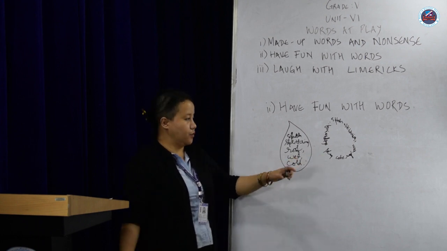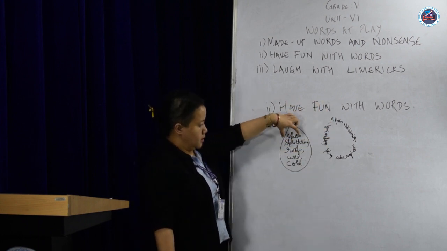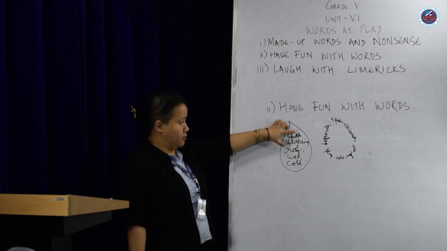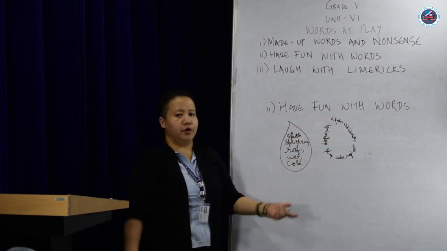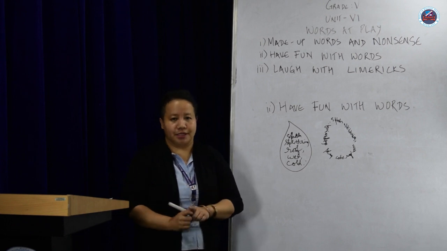You can either write the words inside the drawing that you have drawn, or you can make it in this way. So this is how a shape poem is written.